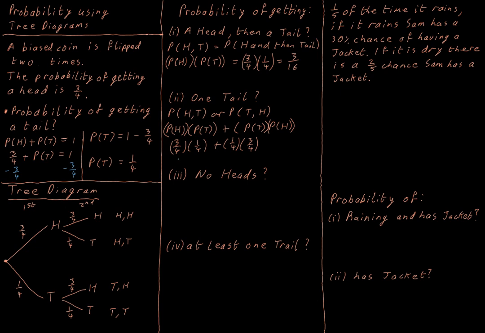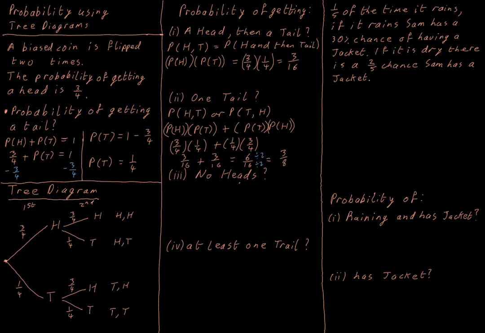So we end up with 3/16 plus 3/16, which ends up being 6/16. And we can simplify that. It's a common factor of 2. We divide above and below by 2. And we are going to end up with 3/8 of the time.